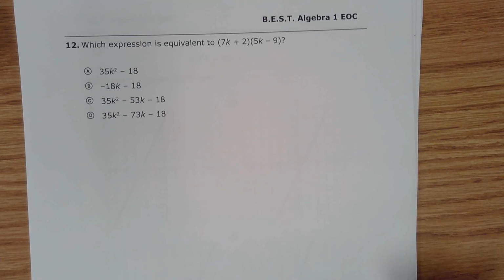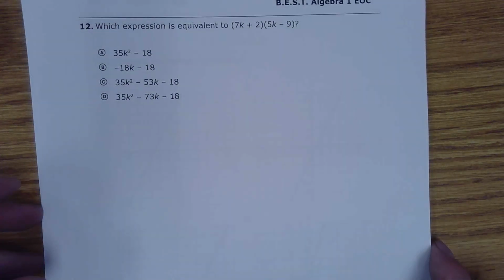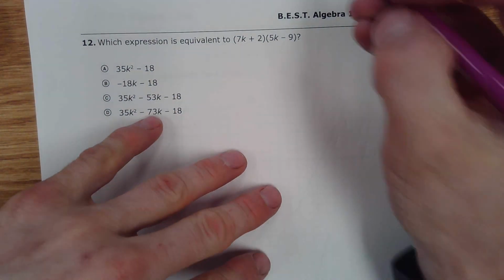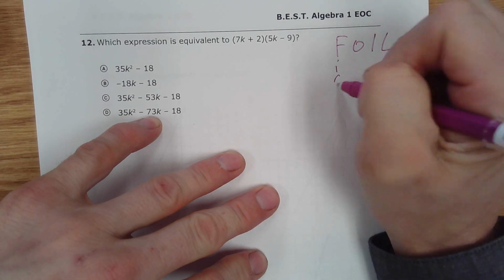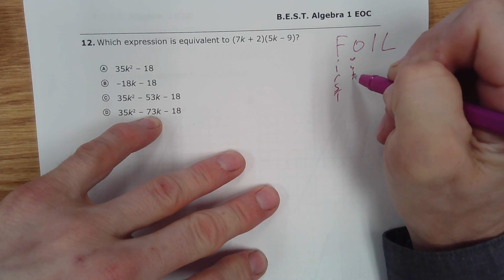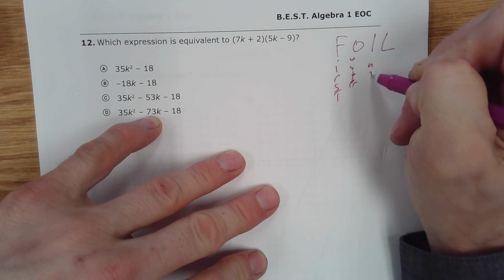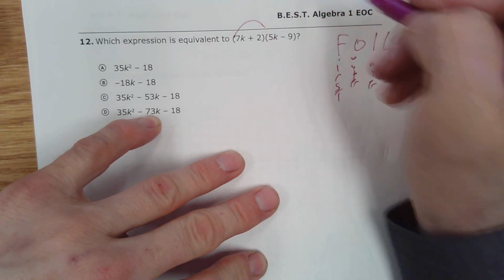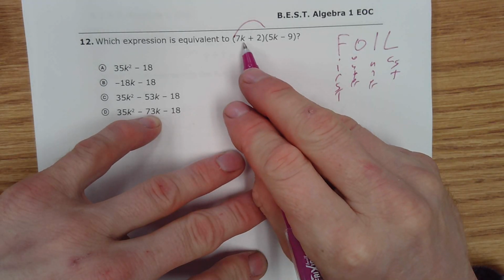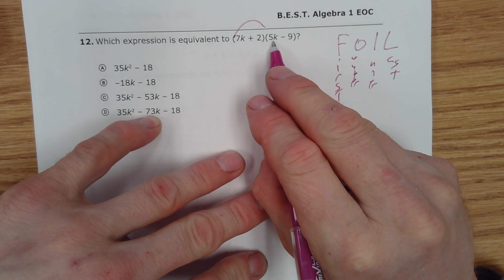Okay, number 12. I have two binomial terms multiplied together. I can use the FOIL method. This is first, outer, inner, last. So I'll do the first terms multiplied together. That's 5 times 7k.